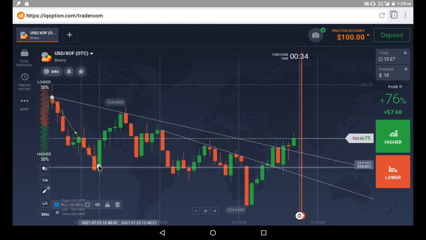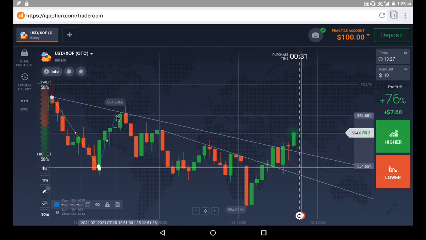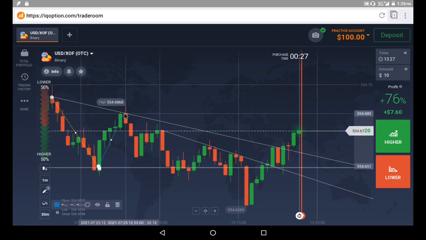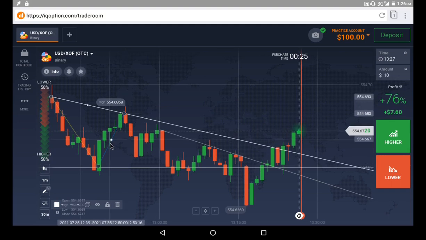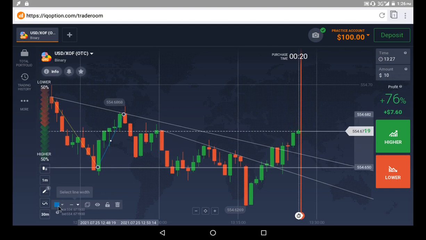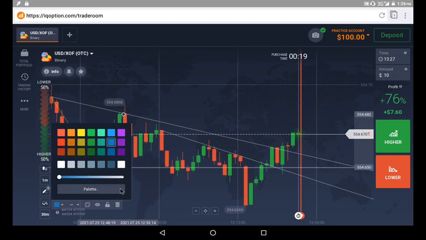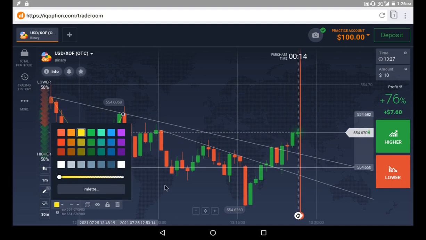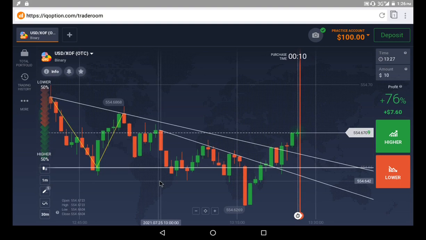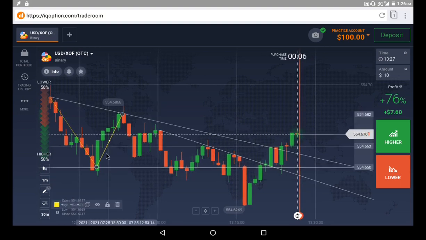Now just imagine you are currently on this second level here. So for this second time, this area you can see is now working as a resistance. You can connect those two lines together and see that it is working as a resistance.